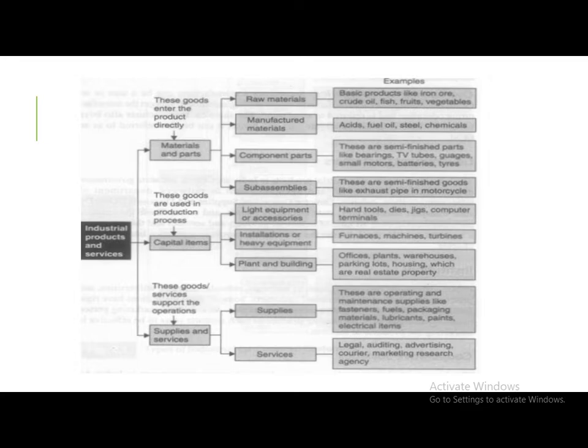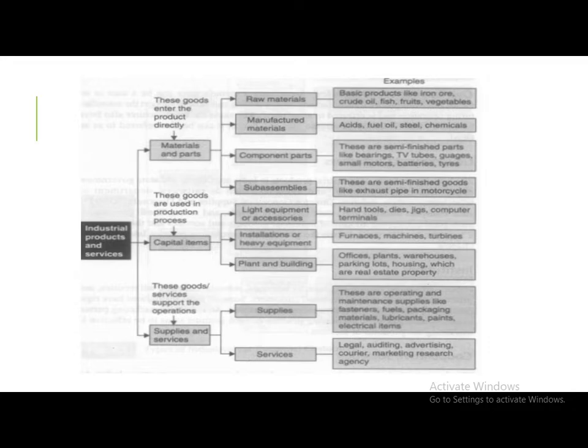So, industrial products and services can be broadly categorized into materials and parts. These goods enter the product directly. Then capital items, these goods are used in the production process, and supplies and services, these goods or services support the operations.